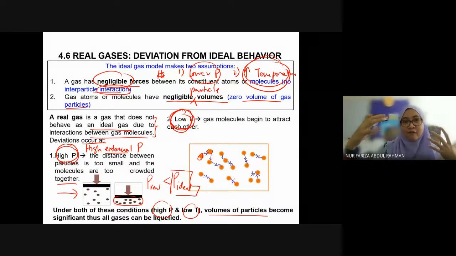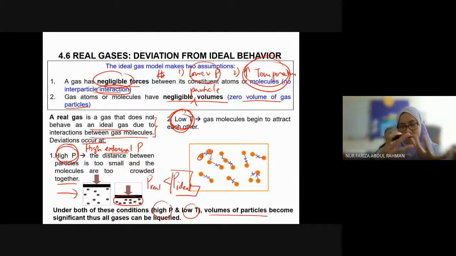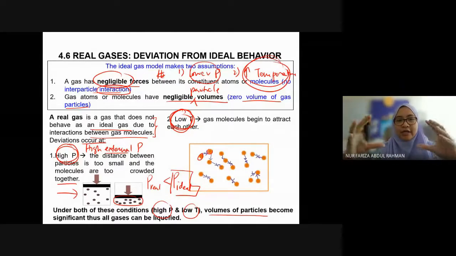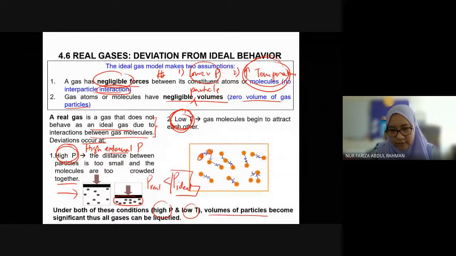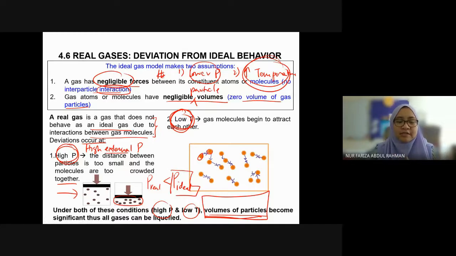Tadi dia tak ada volume sebab space between them are far apart. Now they come closer to one another, okay, and they start to have their own volume. Dia dah start ada volume. Tadi kan kita abaikan, now dia dah ada its own volume. Okay, so that's why the volume of the particle here becomes significant, thus all gases can be liquefied.